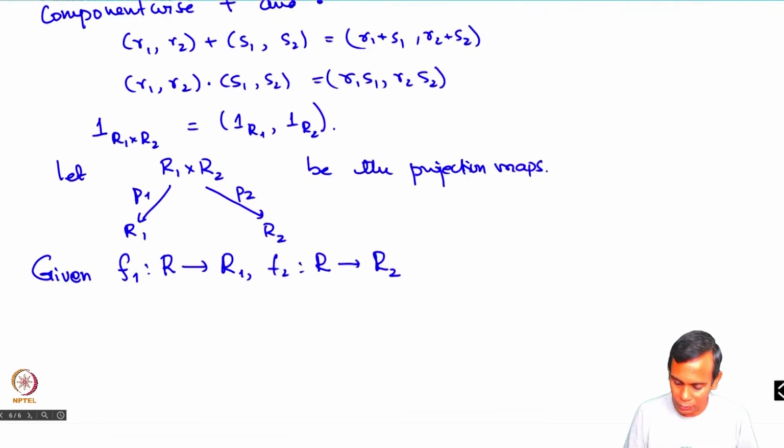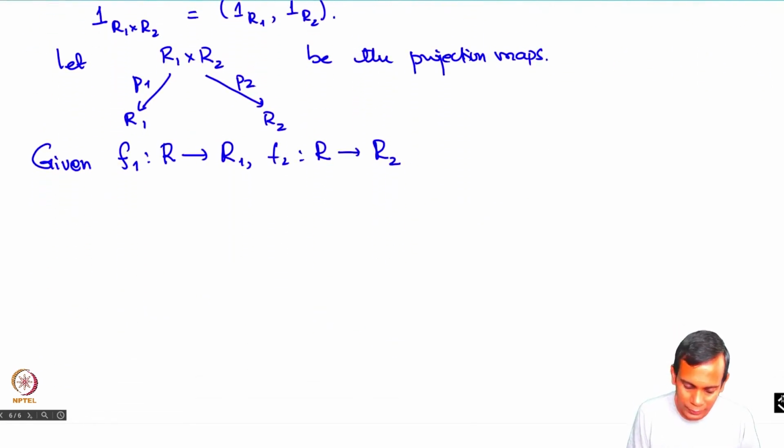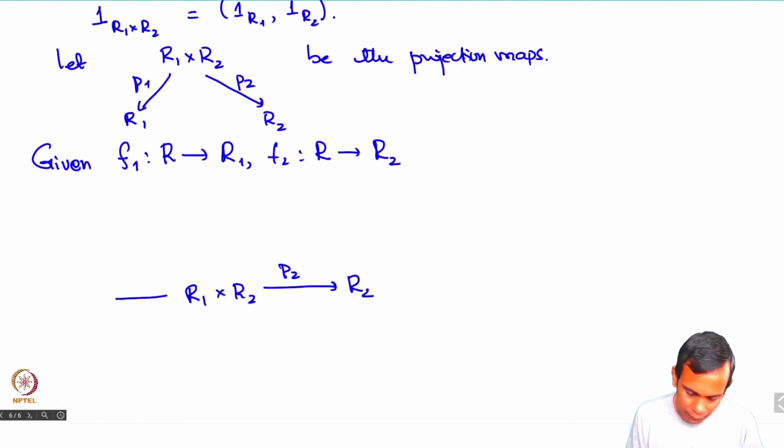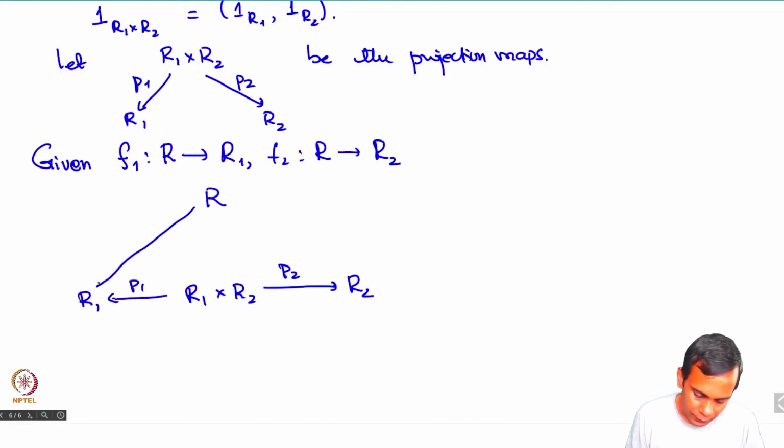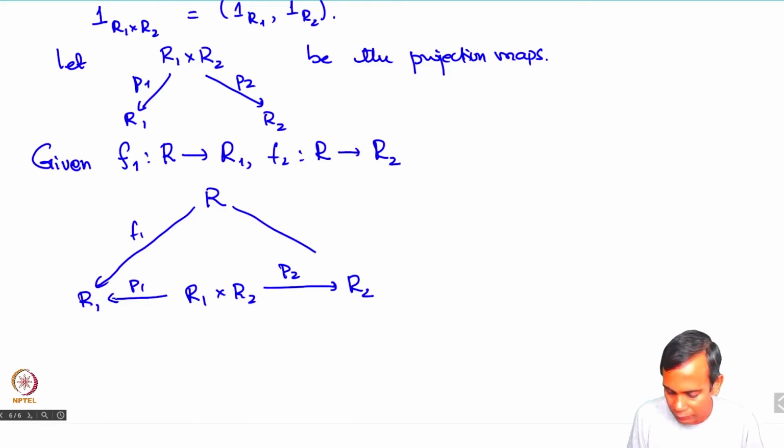So let me draw the diagram that we are after. So we have R1 cross R2, we have P2 down to R2, we have P1 down to R1, and we have this ring R, and we are given F1 and we are given F2.